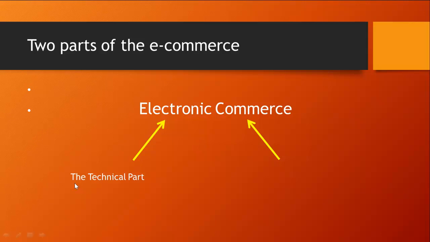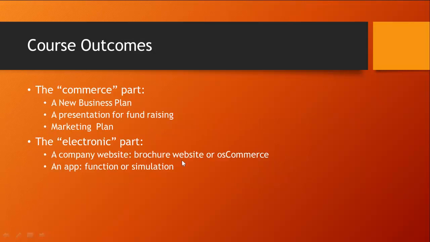For the electronic, I will call it the technical part. For the commerce, I will call it the business part. Which is more important? Since humans have been conducting business throughout history, I think the business part is the basic, so I will put more emphasis on the business part. So these are the two parts they will submit at the end of the semester.